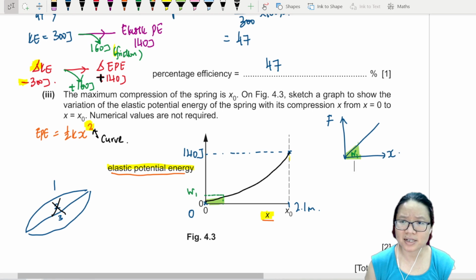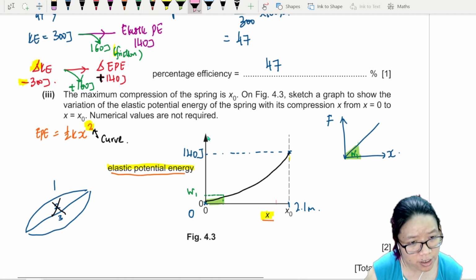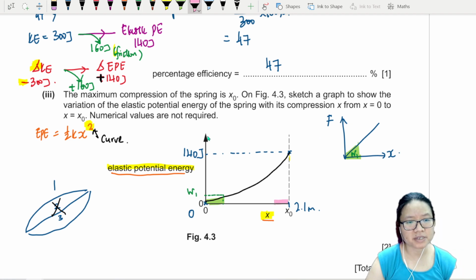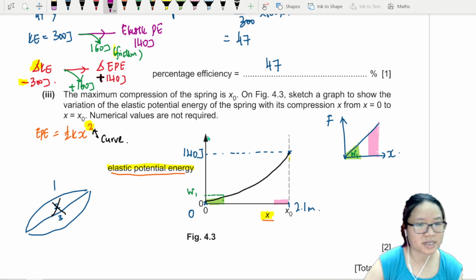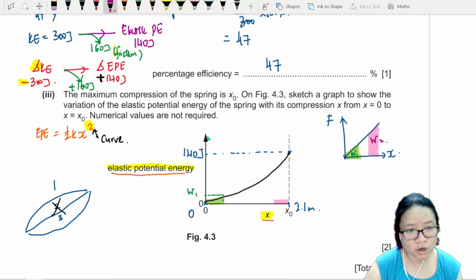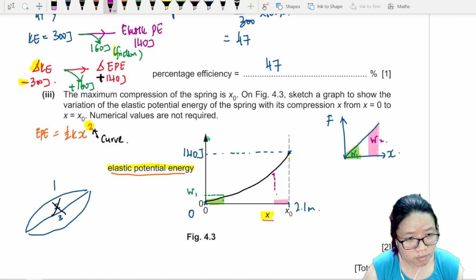This W1 is kind of small. Yes. Compared to, let's say, I take a section towards the back. About the same width. Okay. So towards the back here, about the same width, maybe here. This area is much bigger, right? This area here is W2. Where is W2? This one. W2 is here.